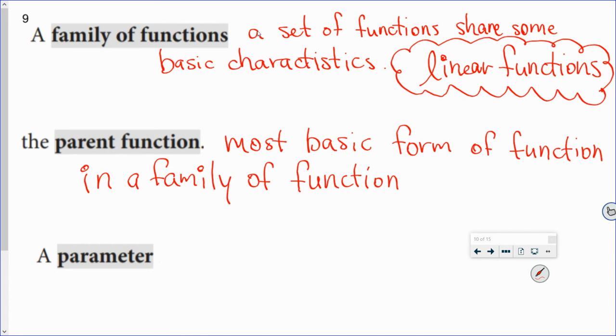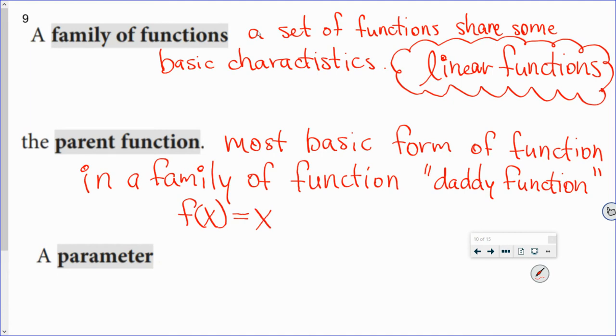The parent function, the most basic, you might call it the daddy function. In linear functions, the parent function is f of x equals x. That's why I kept starting with that one each time we graphed. That was the parent function.